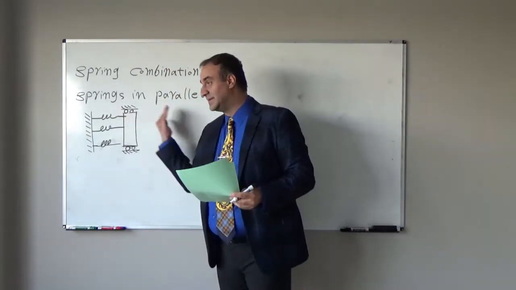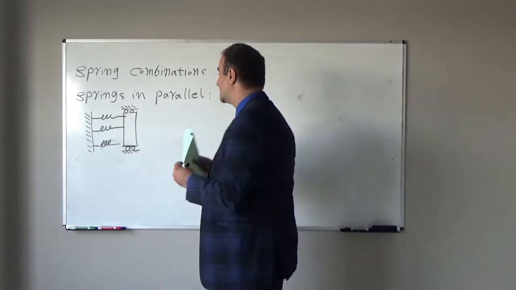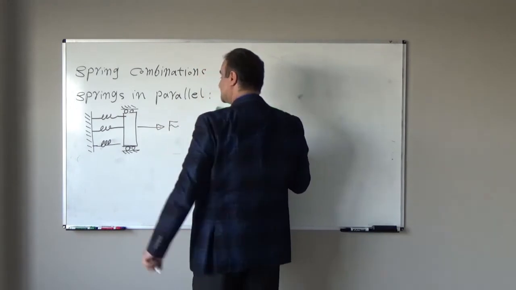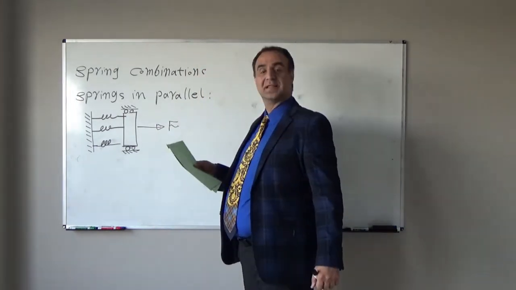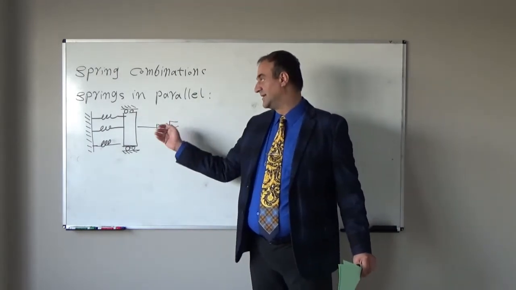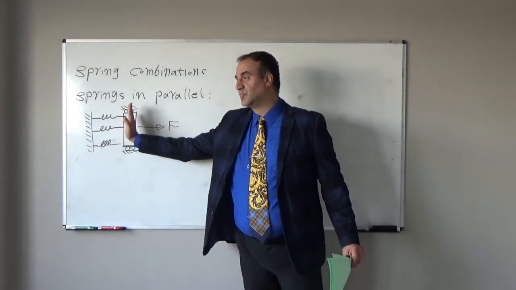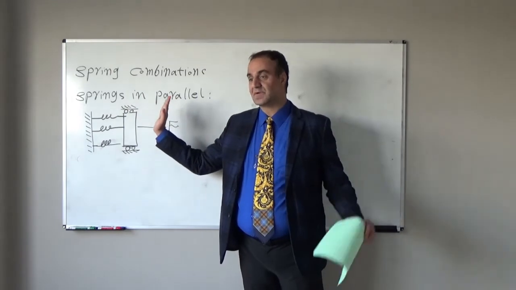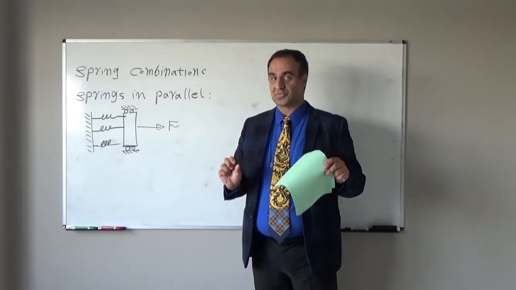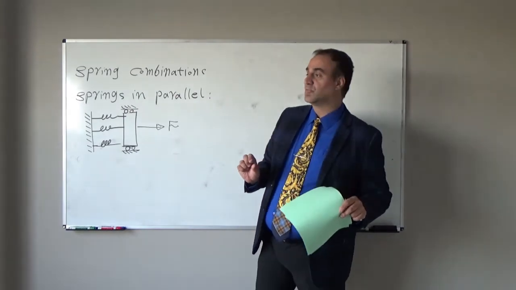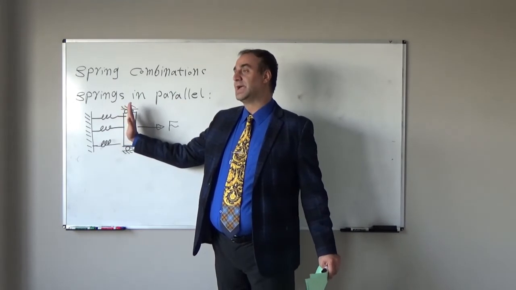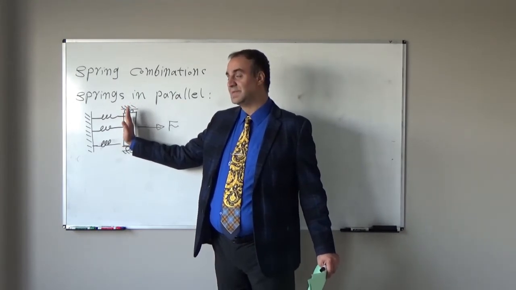It can move in the x direction, but it cannot rotate. And I apply total force F here. So if I pull this rigid beam with force F, it will move from left to right, but it cannot rotate. Pay attention, if I don't prevent rotation, it will rotate. But if I prevent rotation and I apply force, this will move from left to right.